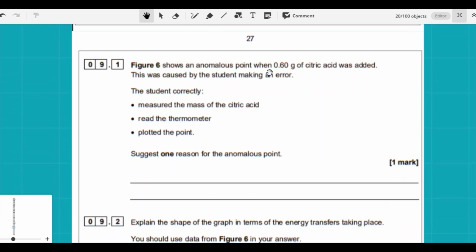So now the question is, Fig 6 shows the anomalous point at 0.60 grams of citric acid added. This was caused by the student making an error. Like the student correctly measured the mass of citric acid, read the thermometer and plotted the point. Suggest one reason for the anomalous point. Because there are many reasons. Maybe the student didn't stir.